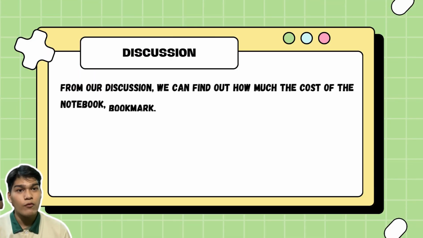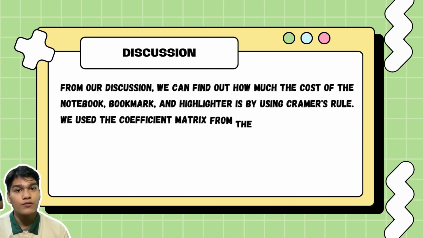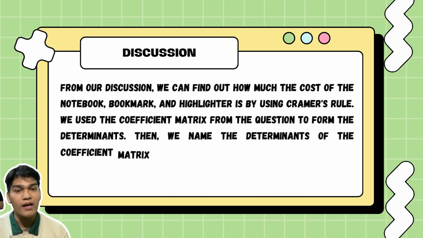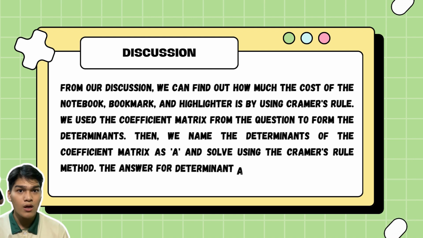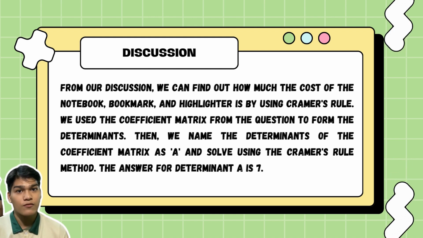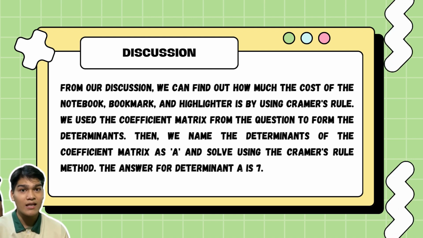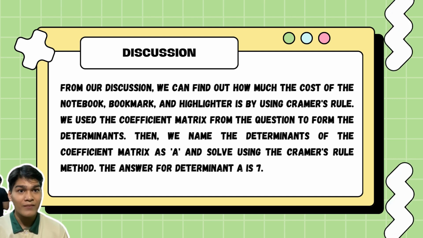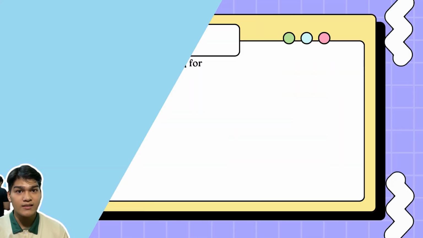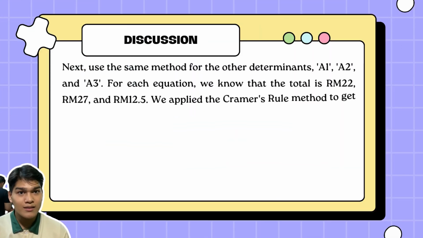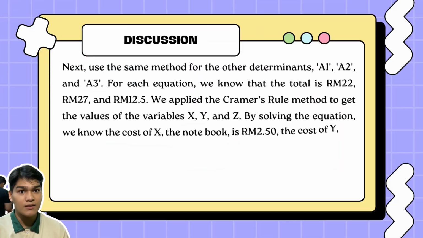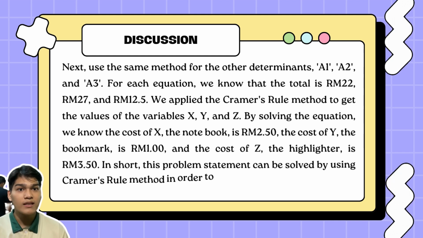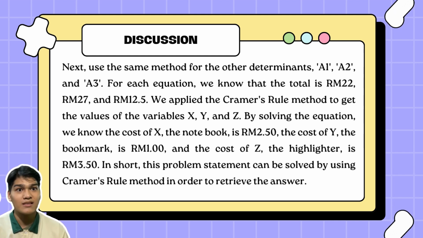From our discussion, we can find out how much the cost of the notebook, bookmark, and highlighter is by using Cramer's rule. We use the coefficient matrix from the equations to form a determinant. Then we name the determinant of the coefficient matrix as A, and solve using the Cramer's rule method. The answer for determinant A is 7. Next, we use the same method for the other determinants, A1, A2, and A3.